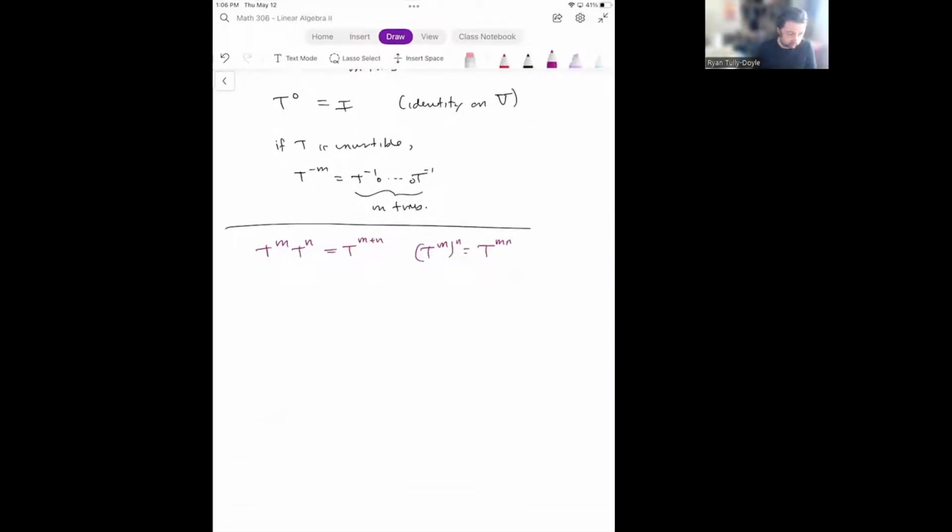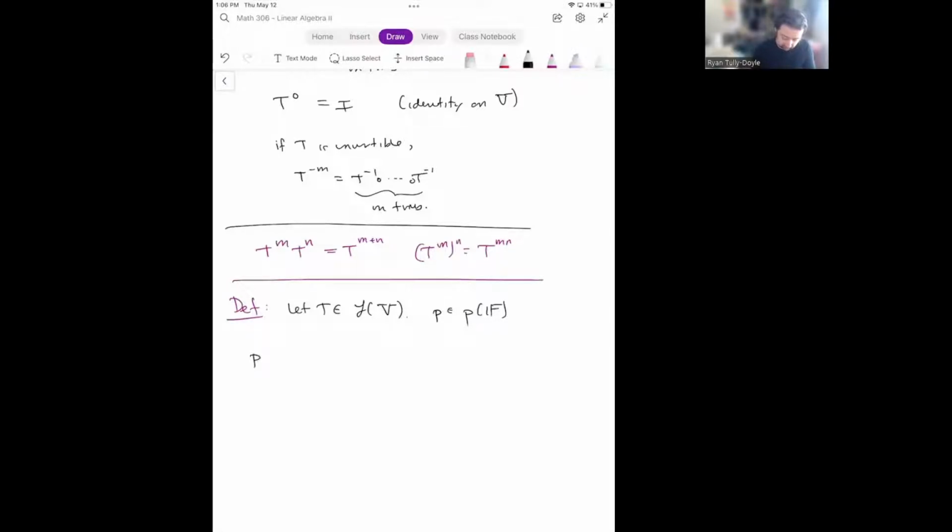So here's another definition. Let T be in L(V), and let p be a polynomial with coefficients in the field. A polynomial of any degree here. I'm not being particular about the polynomials I'm restricting to, any polynomial.